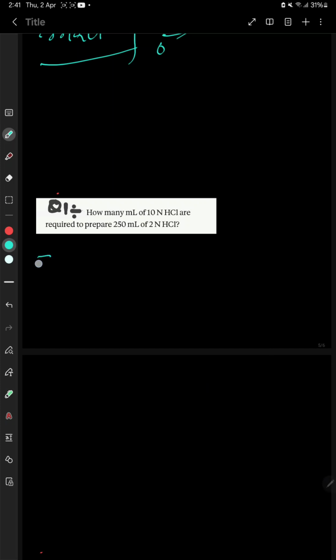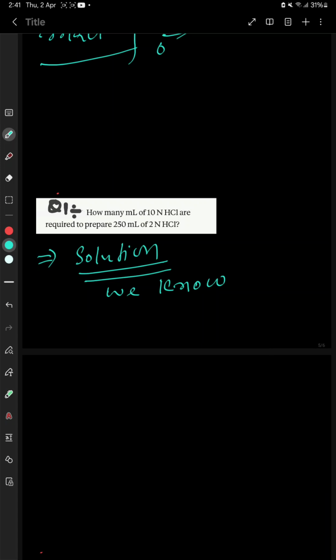We know this question totally depends upon the law of dilution, N1V1 = N2V2. We have this dilution law equation and we can apply it to the above question and solve it.